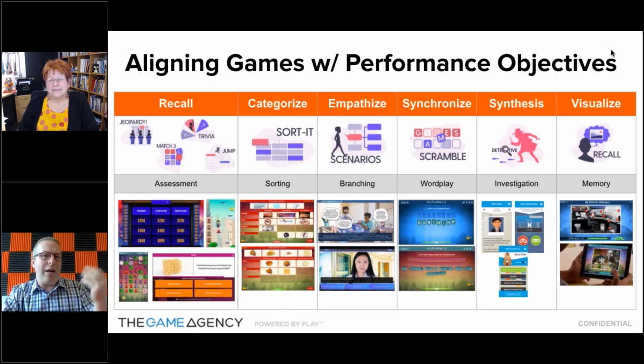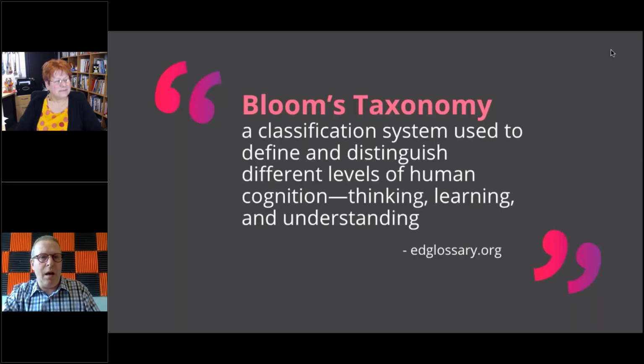So recall, categorization, empathizing with people, synchronizing different information, so synthesis of a situation, visualizing. These are all different things you might want people to be better at. We're going to talk about how to use games accordingly. Chris, I'm going to jump over to you to talk a little about Bloom's taxonomy, and we'll start some mapping together, if that sounds good.